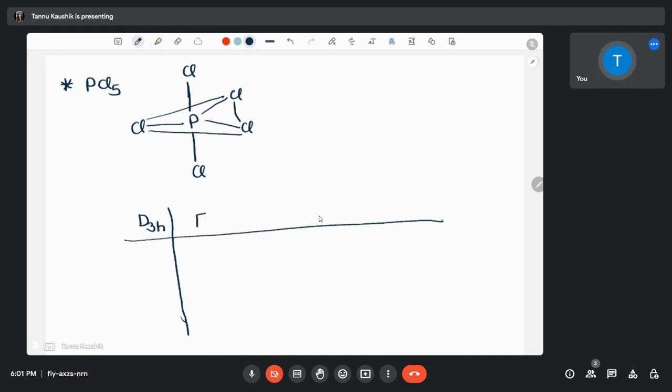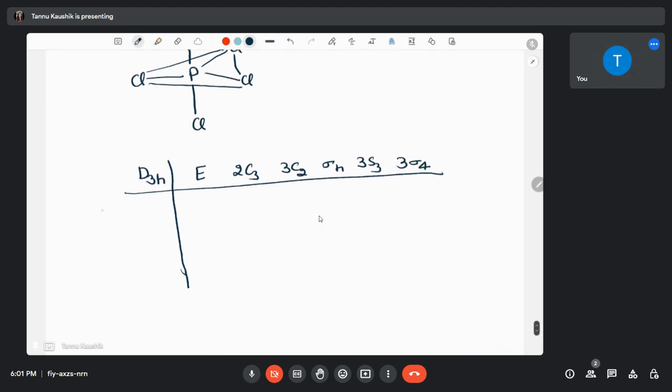So if you write the symmetry operations in the D3h point group, it is E, 2C3, 3C2, sigma h, 2S3, and 3 sigma v.